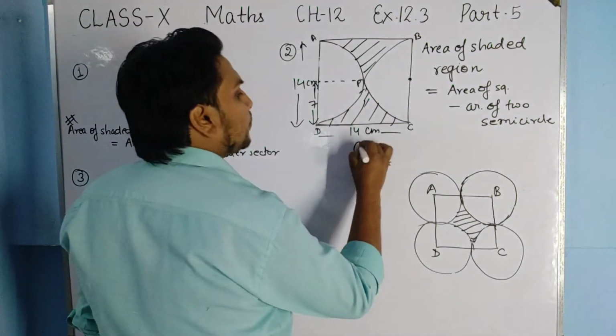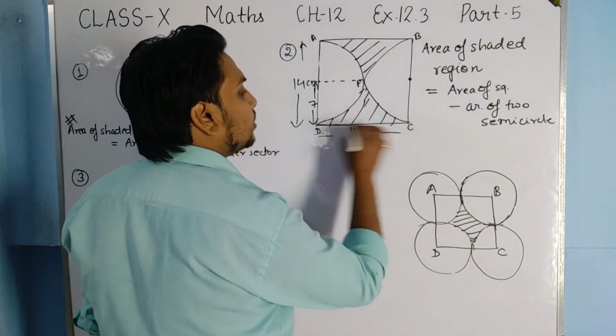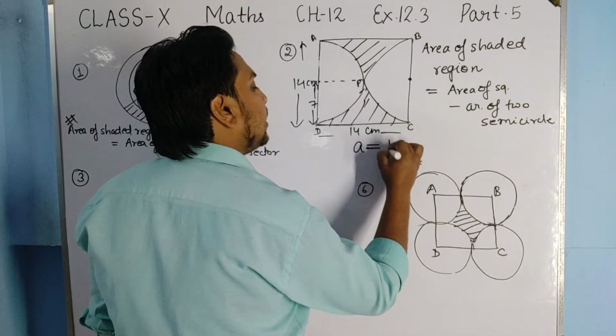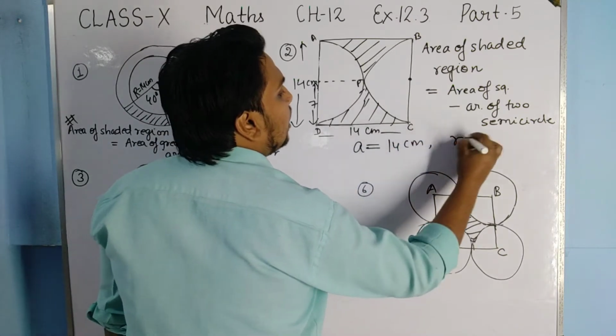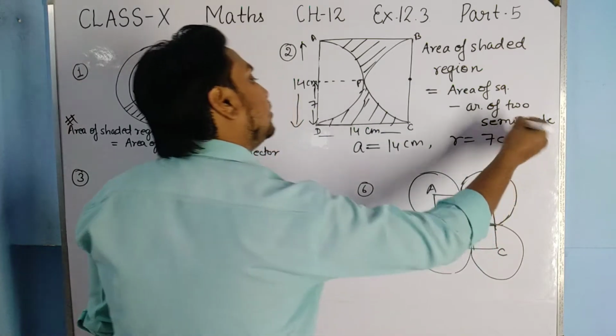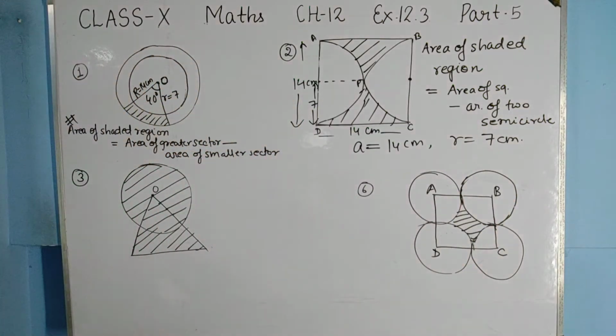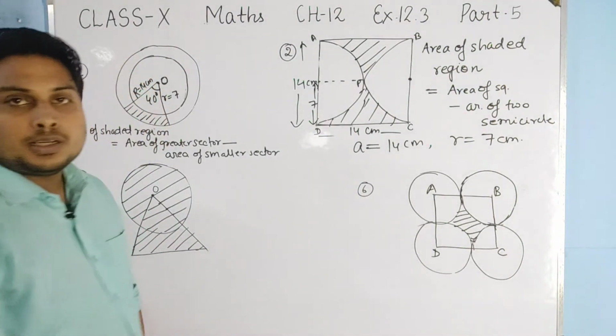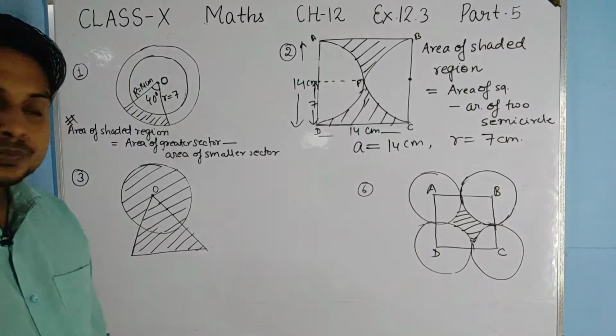So the whole side of the square is 14 centimeter, and the radius is 7 centimeter. This radius will be used to find the area of two semicircles. Like this we can find the shaded region in this question.